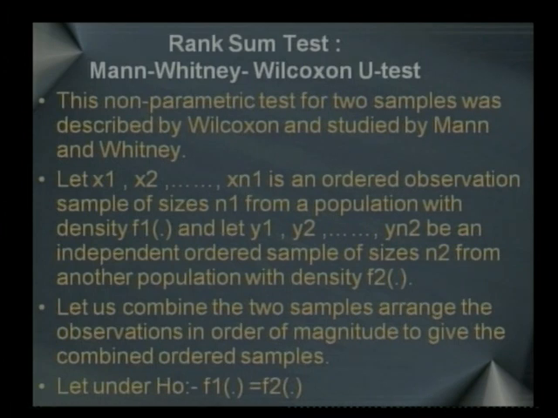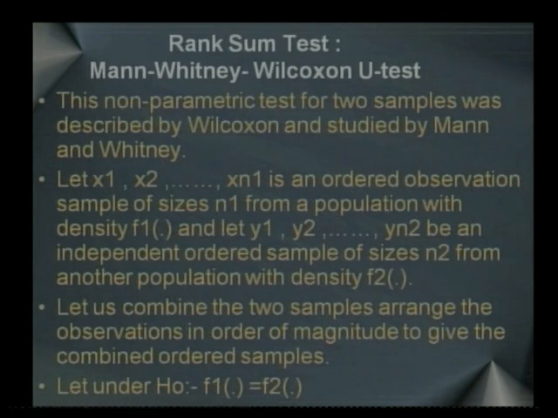Now let us see the test. The first rank sum test is the Mann-Whitney-Wilcoxon U-test. In non-parametric statistics, this test is considered to be the best one. So why? Let us see the procedure one by one.